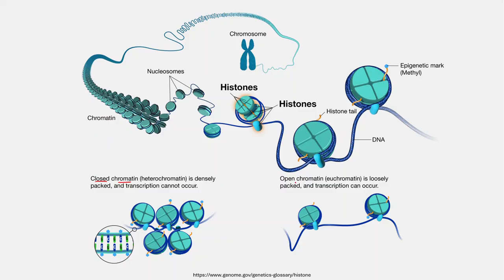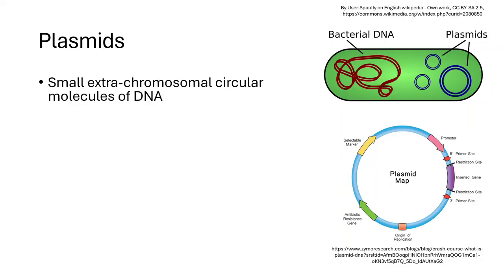On the other hand, this more loosely packed chromatin, this open chromatin or euchromatin, is more accessible to the molecules that are going to read the DNA, and so transcription and gene expression can occur here. So a cell can more tightly pack or unpack the DNA in order to help affect what genes are going to be expressed in that particular cell.